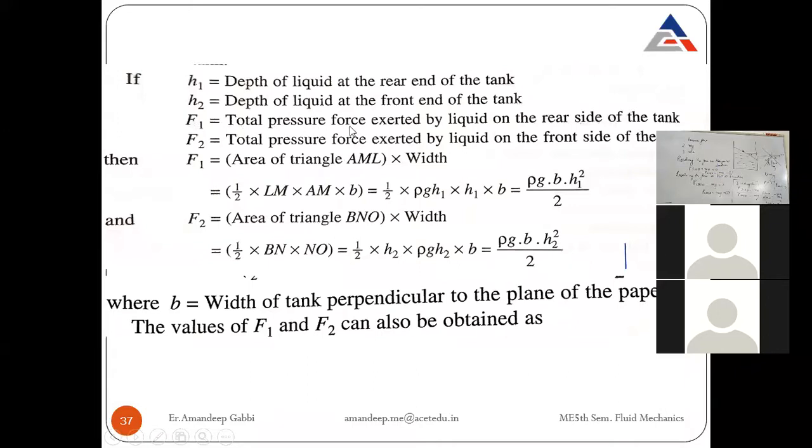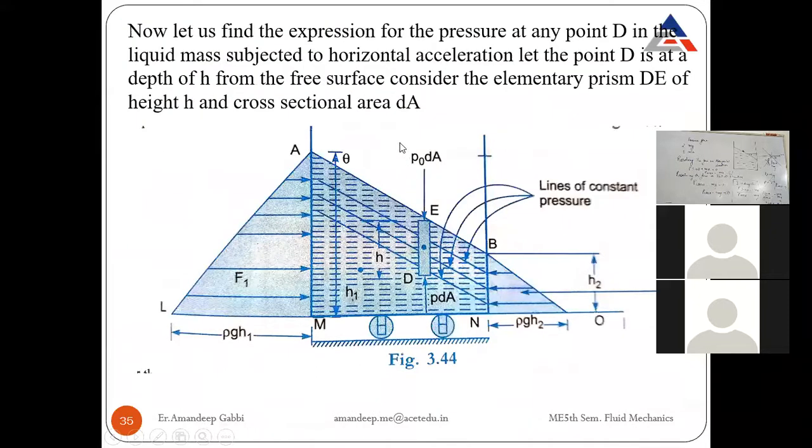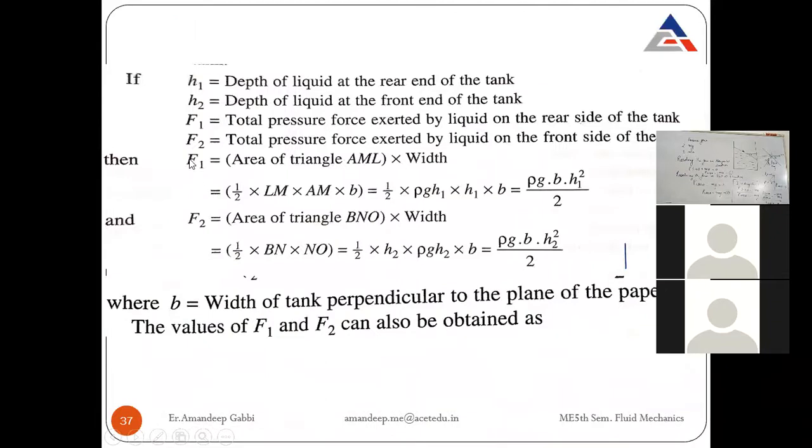And F1 is the total pressure force exerted by liquid on the rear side of the tank. And F2 is the total pressure force exerted by liquid on the front side of the tank. Now force is equal to area of the triangle AML into width. F1 is half into base into height into B, where B is the width of this element.